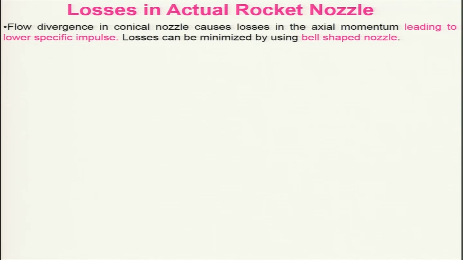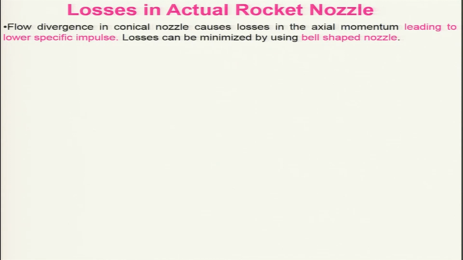Today we will be discussing how the actual rocket engine is different from the ideal one we have discussed till now. Let us look at what the losses in actual rocket engines are. We know that in a convergent divergent nozzle, flow divergence is likely to occur. As a result, losses in the axial momentum are inevitable, and that can lead to a lower specific impulse.